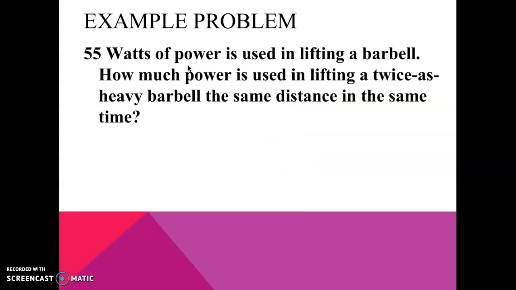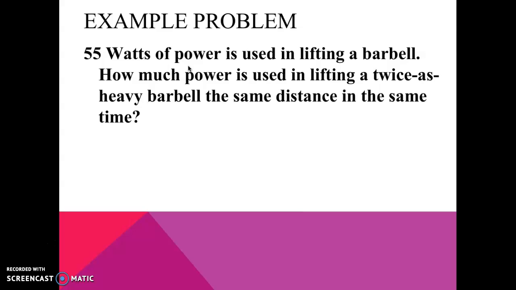Here's another example problem. 55 watts of power is used in lifting a barbell. How much power is used in lifting a barbell twice as heavy, the same distance in the same time? So right away I'm thinking power. If something is twice as heavy, it's probably going to be harder to lift, so thus I'm going to need more power.